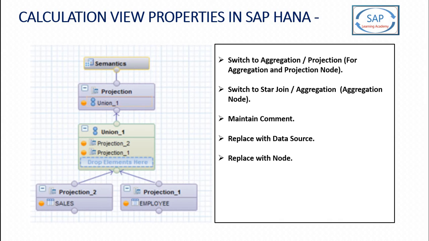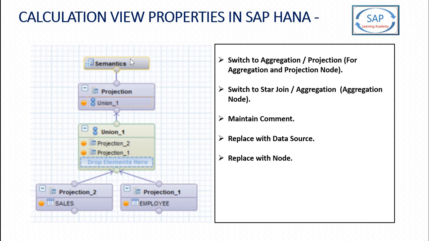But the problem is when you delete a complete node, then all the upper linking targets will be deleted and there will be no links. But if you do the replace, then the good part is that if it has the same table name, same column name, then you no need to make manual adjustments up to the semantics.